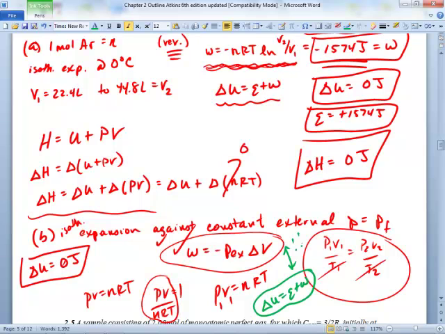What's left is delta H. Play the same game we did before. Now, does anything change? Does H come out to be a number this time? Or is it still 0?